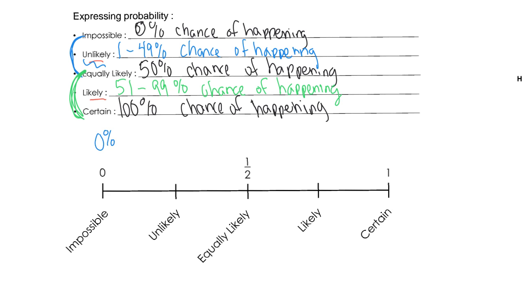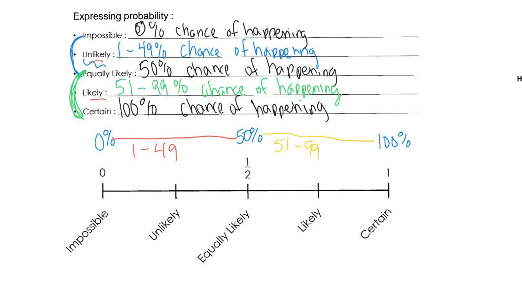Equally likely is exactly 50%, and certain is exactly 100%. Whereas unlikely goes anywhere from 0 to 50, so it really goes from 1 to 49. And then likely goes anywhere from 50 to 100, so most commonly 51 to 99.